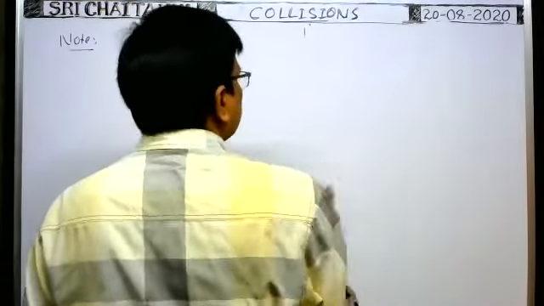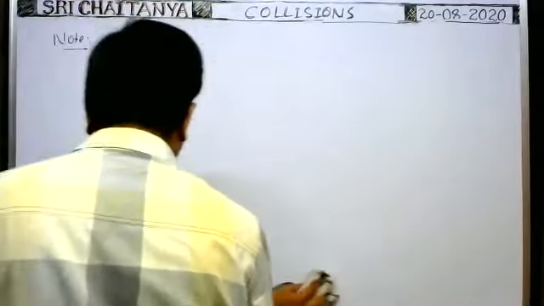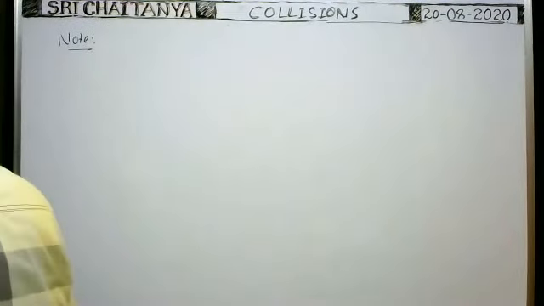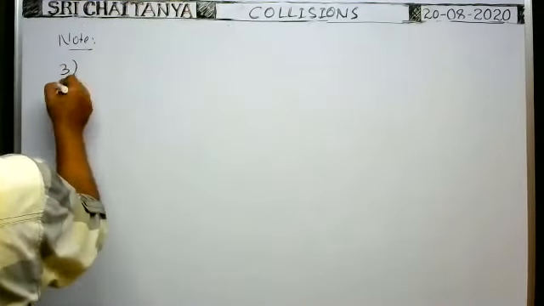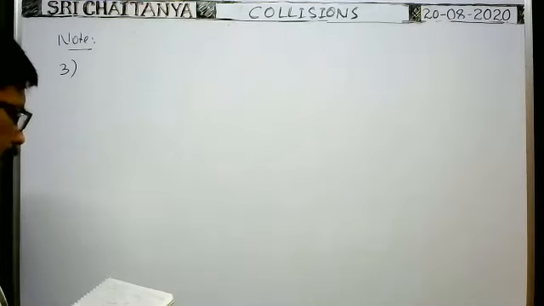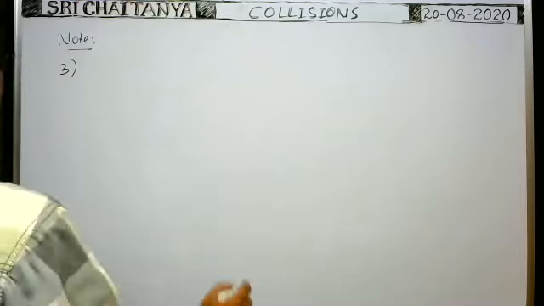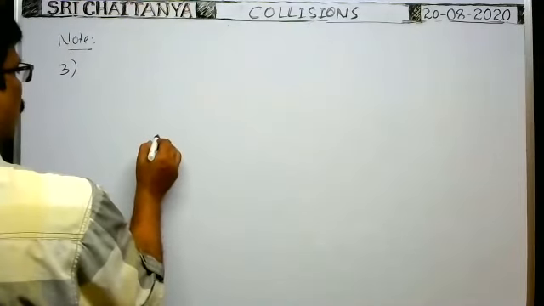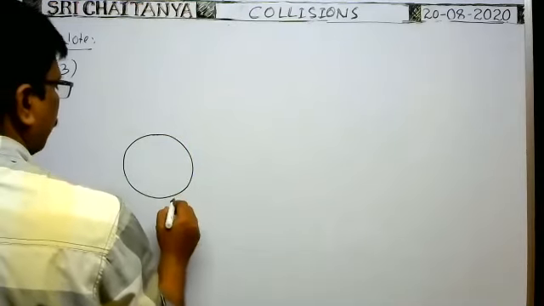One more problem. Third one. A bob of mass 10m is suspended through an inextensible string of length L. Bob means sphere of mass 10m.